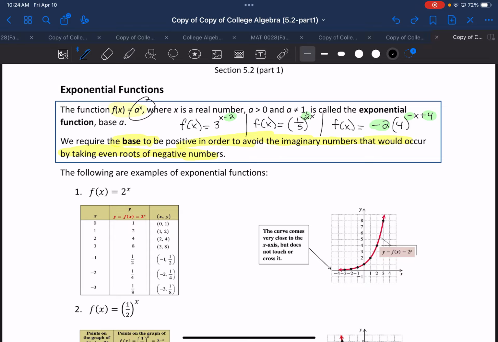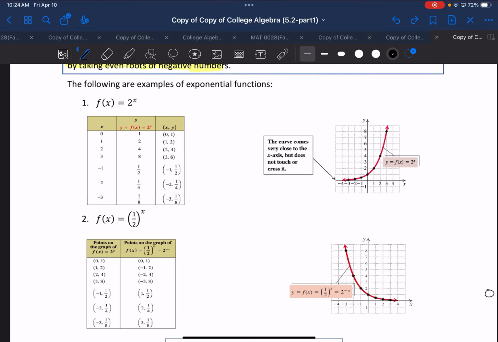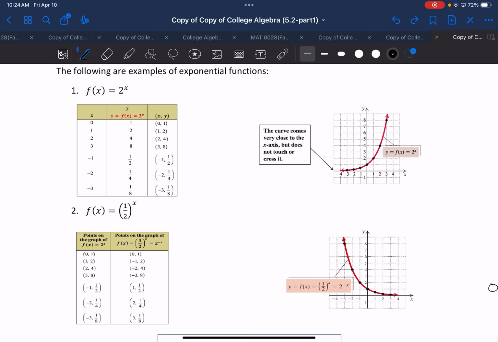All right. So let's look at two examples here to learn about the basic shapes. The first example is f of x equals 2 to the x power. This is in that basic form, some positive number raised to the variable x.